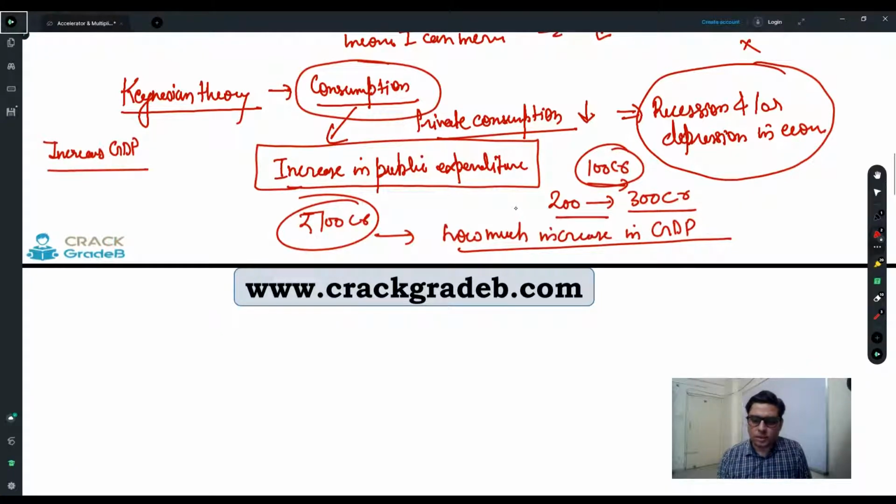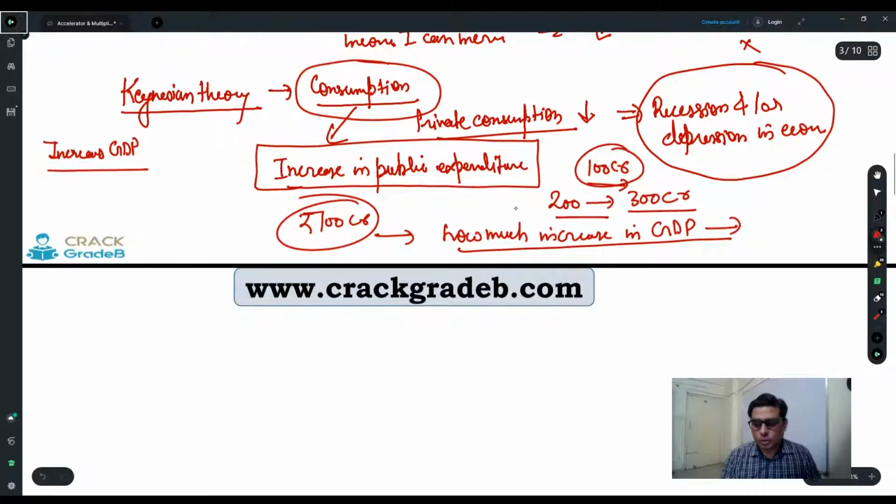Now it is 300 crore. Now we want to see how much increase in GDP. I have a question for you. We have increased government expenditure by 100 crore, and from this increase we want to know how much increase in the GDP.